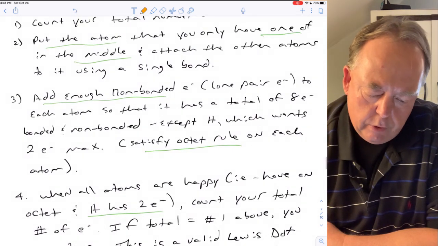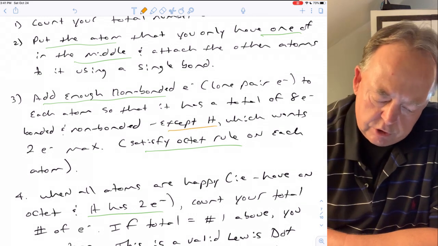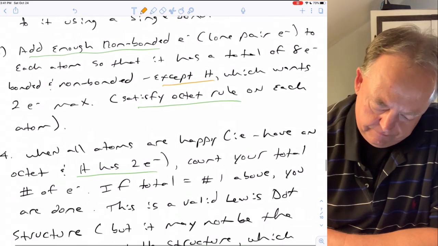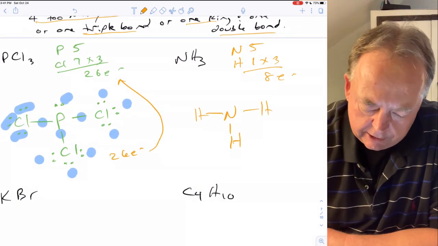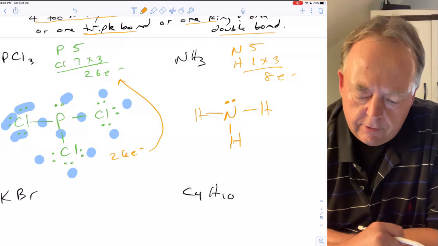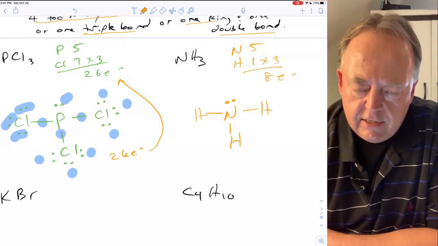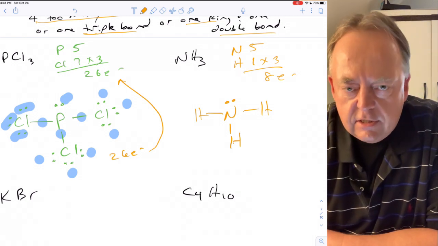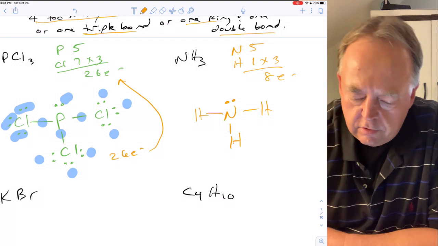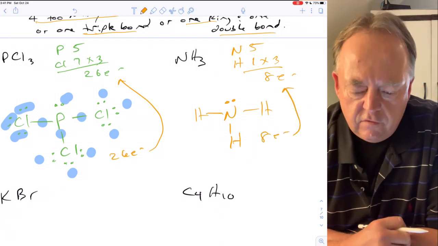And now number 3, we add enough non-bonded electrons to give everything 8, except hydrogen, which only wants 2. So hydrogen's happy, it's got 2 electrons, so nitrogen needs a lone pair, now it's got 8. So nitrogen's happy because hydrogen's got 2, nitrogen's got 8. Count our electrons, there's 3 bonds, that's 6 electrons, 1 lone pair, that's 2 more, so that's 8 electrons, which is what we're supposed to have, so that's the structure of the molecule.